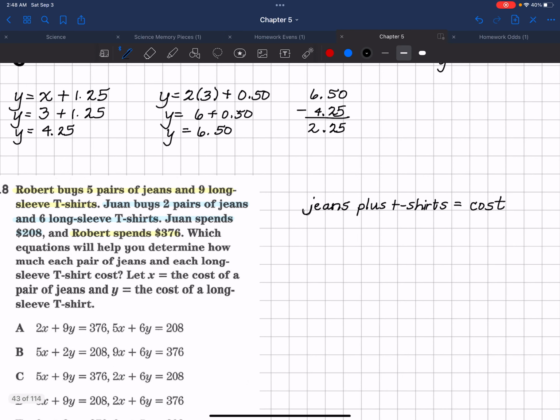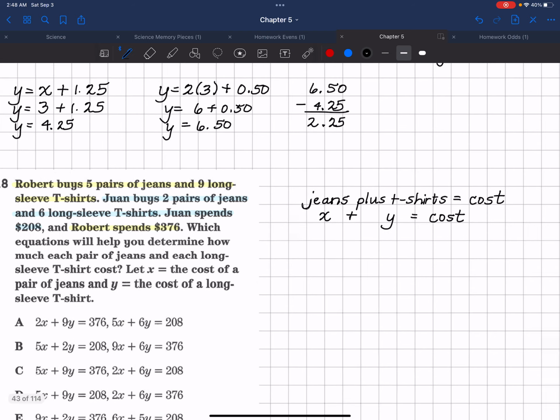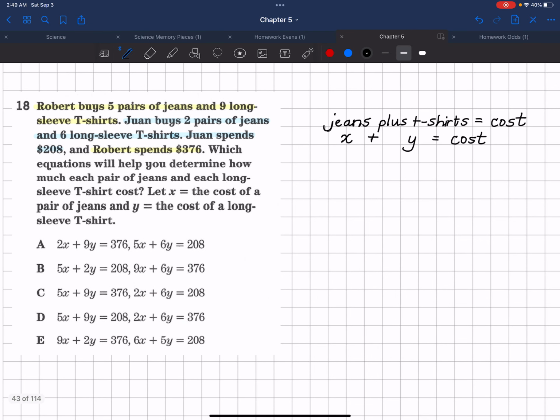And this says to let X be the cost of a pair of jeans and Y be the cost of a t-shirt, and that will equal the total cost. So this one is a little bit different in that it's in standard form instead of slope-intercept form. So that's okay. We know how to work with this.